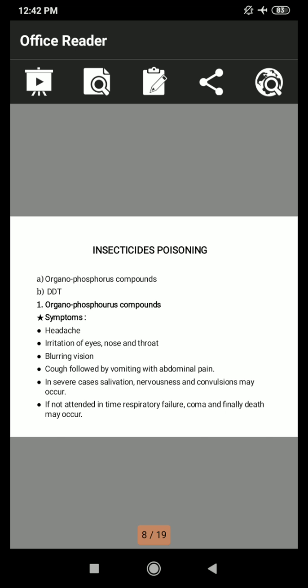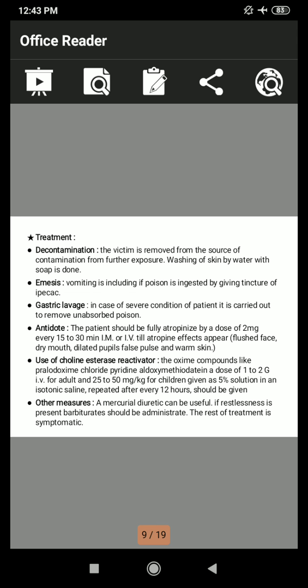Then treatment of organophosphorus compound poisoning. The treatment involves the following steps: first decontamination, second emesis, third gastric lavage, then antidotes, use of cholinesterase reactivators, and other measures.